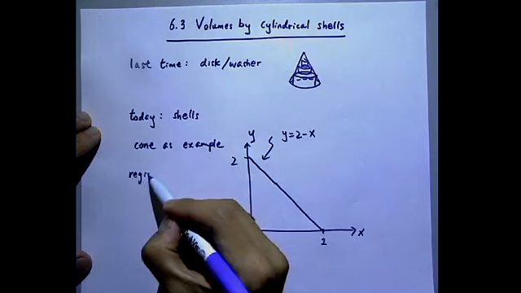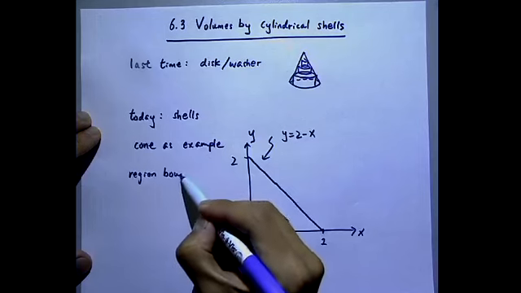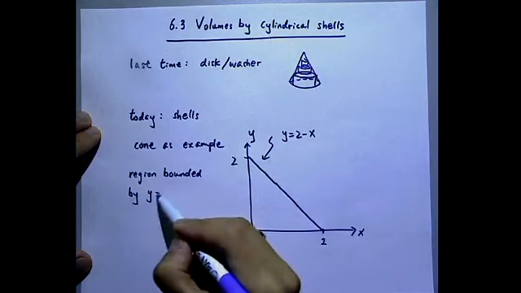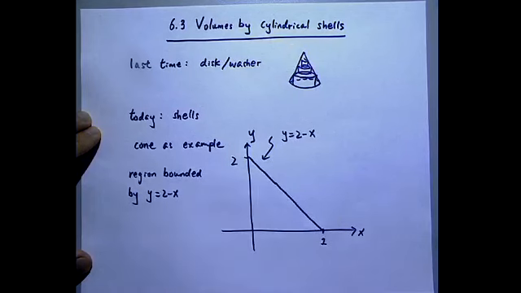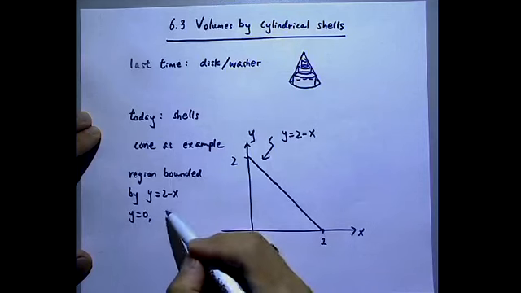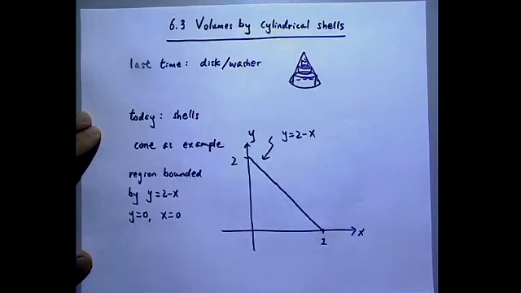All right, so the region is bounded by that line at the top, by the two coordinate axes, and we're rotating this to go about the y-axis.